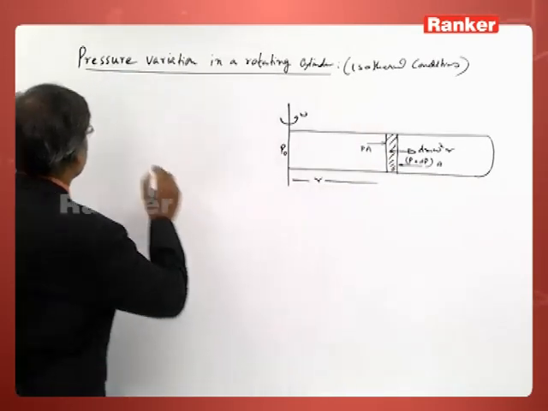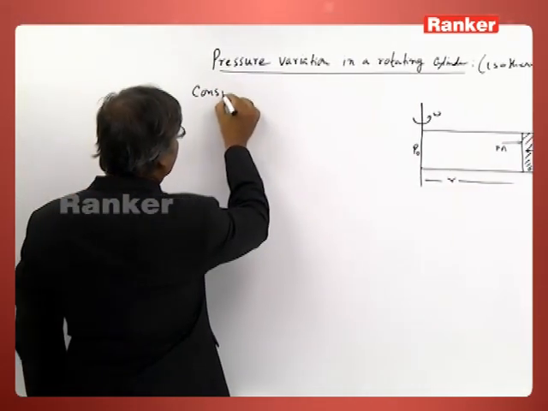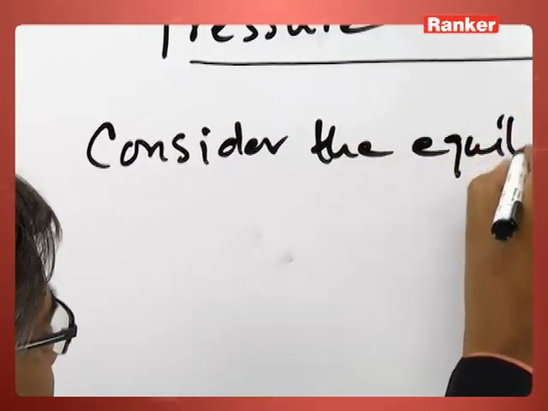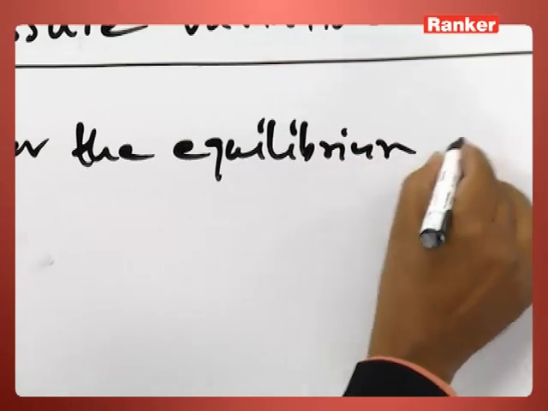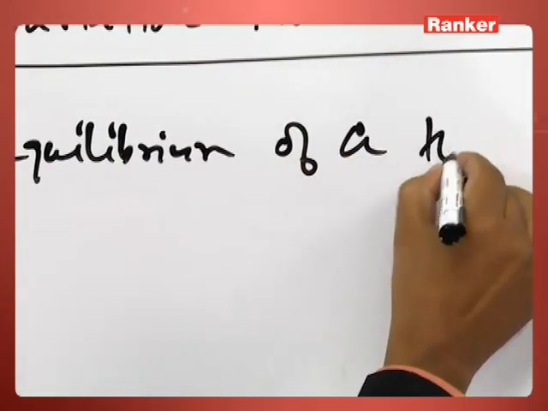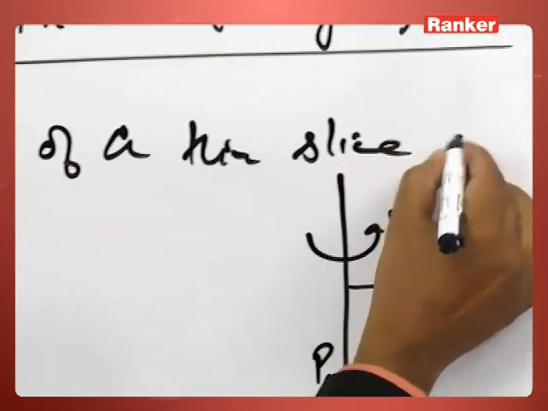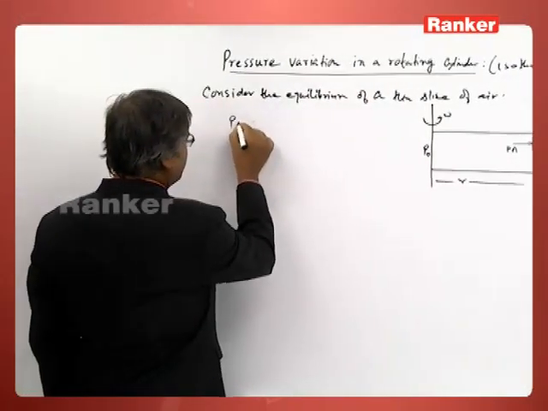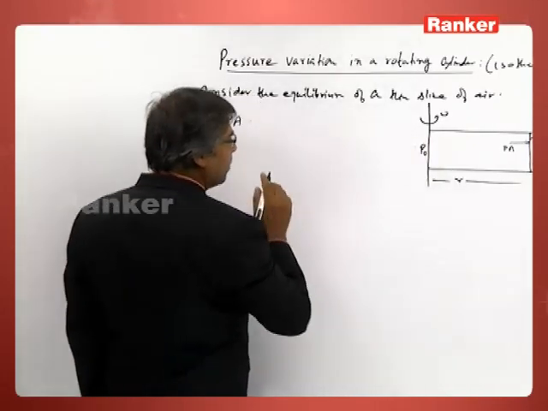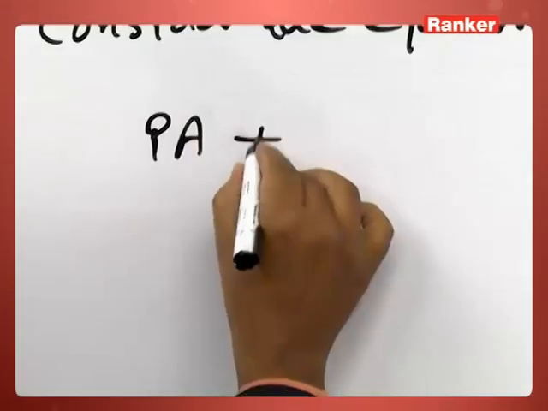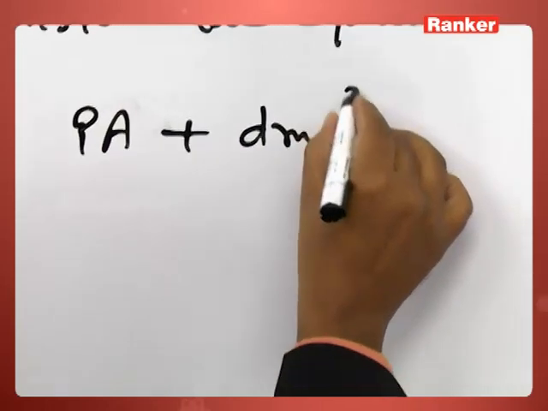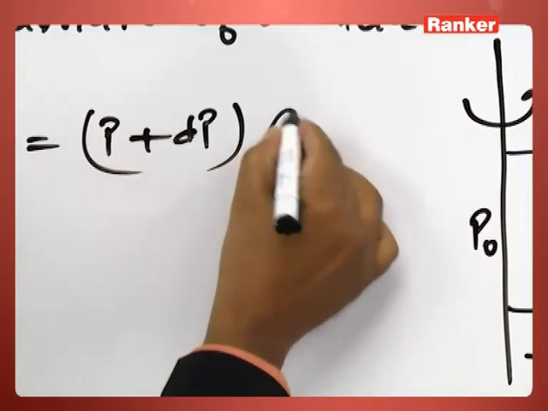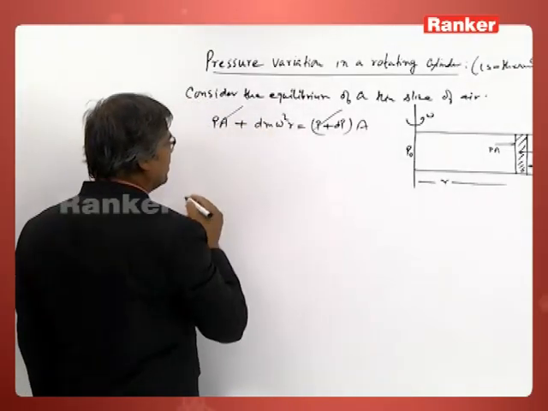So now consider the equilibrium of a thin slice of air. PA force is from this side, plus dm omega square r is equal to P plus dP into A. So these terms cancel.